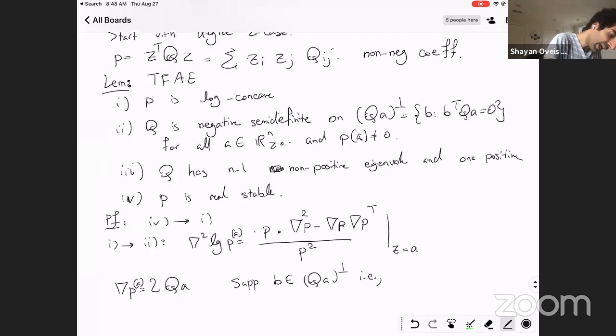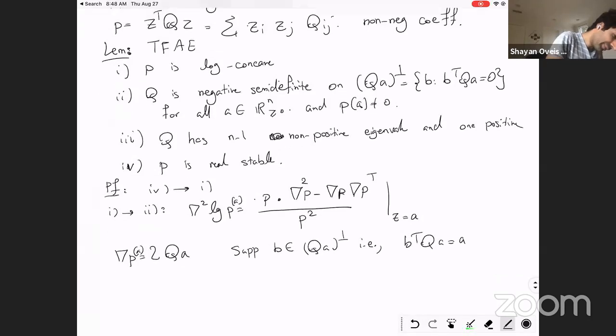Good. So if you have B in QA perp, meaning B transpose QA equals 0, then B transpose times the gradient of P at A is 0.